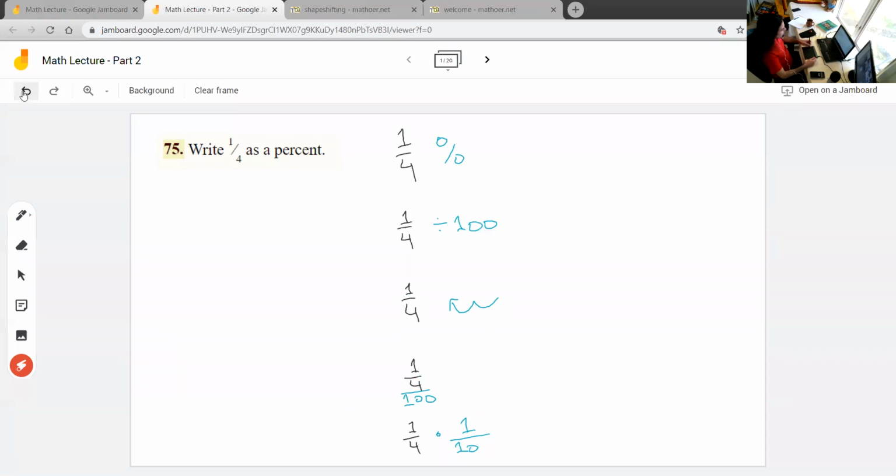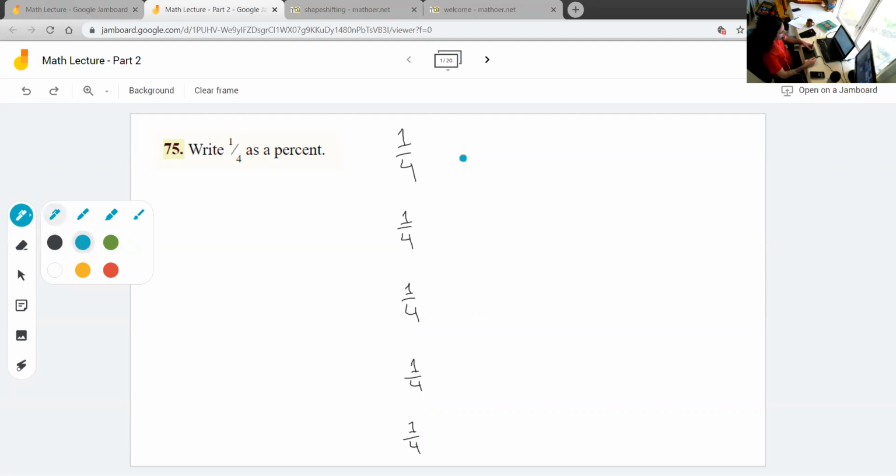Whoops, I'm doing it wrong. I'm sorry. I want to add on a percent symbol. So I need to do the opposite of a percent symbol. Back up, I'm sorry, I misled you.